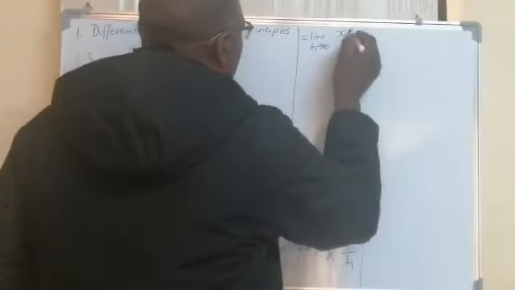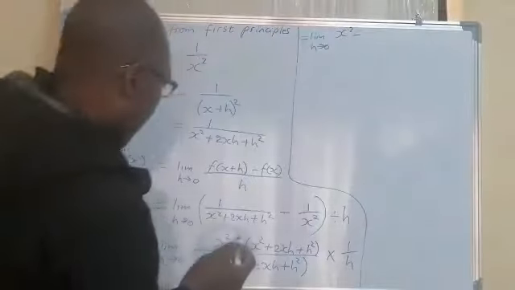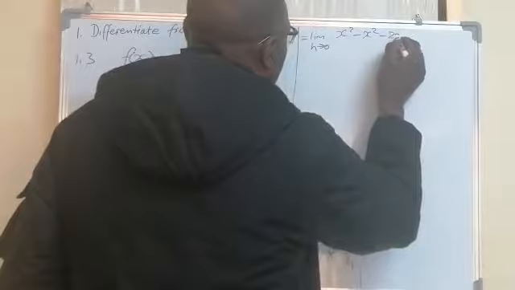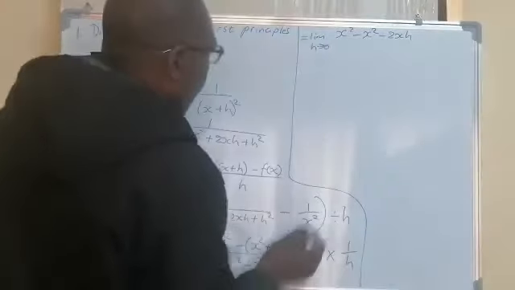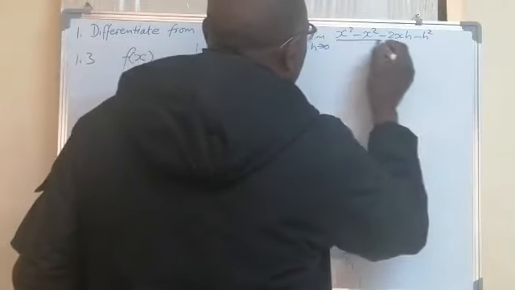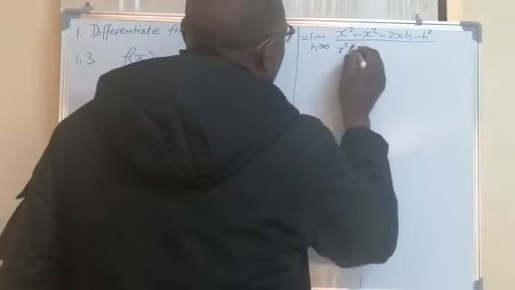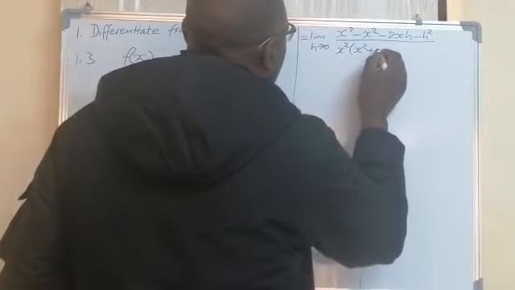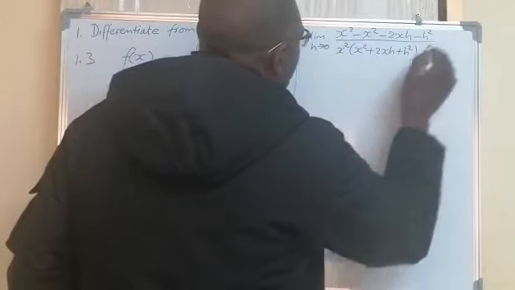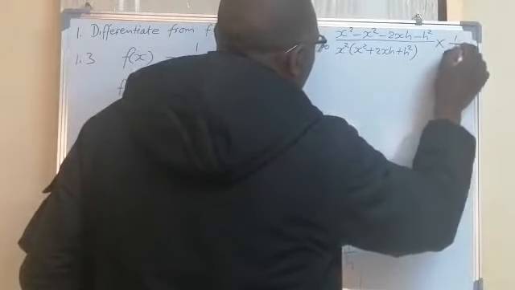So that we've got x squared minus x squared here minus 2xh minus h squared, all divided by x squared into x squared plus 2xh plus h squared, multiplied by 1 over h.